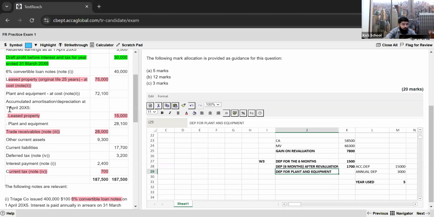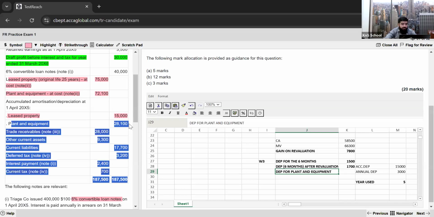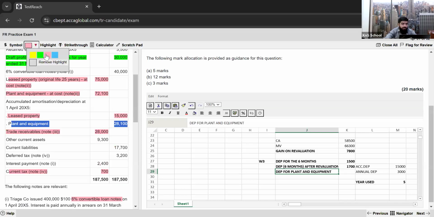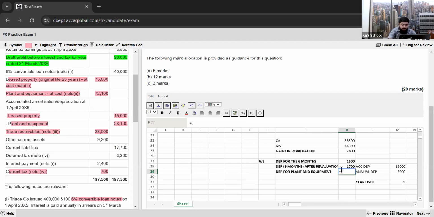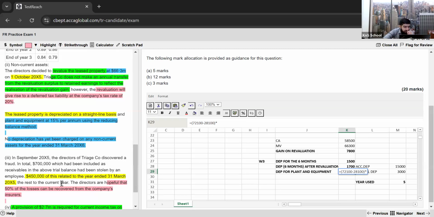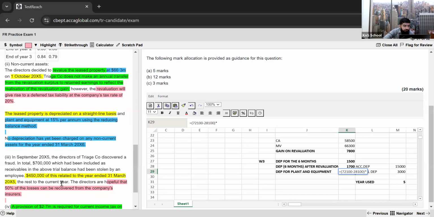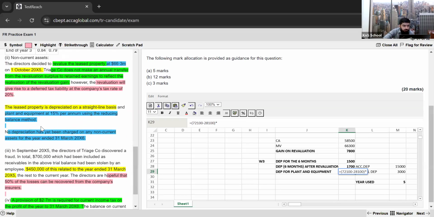The diminishing balance method is being used, and the cost of the plant and equipment is 72,100, and the accumulated depreciation is 28,100. So 72,100 minus 28,100 multiplied by the rate of depreciation, which is 15%.